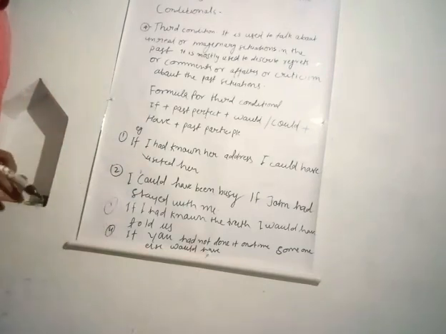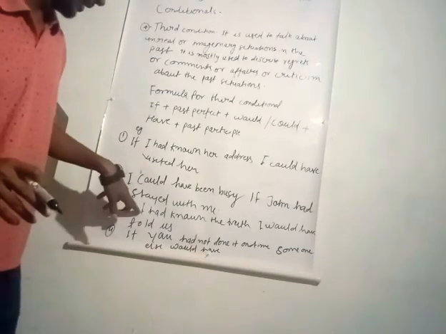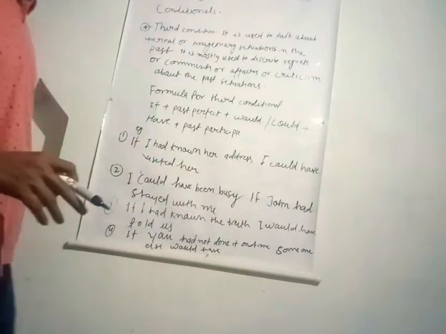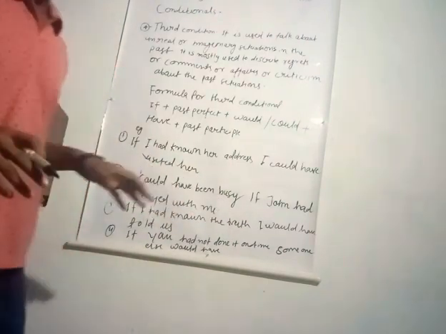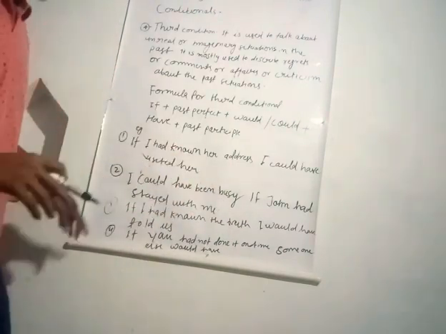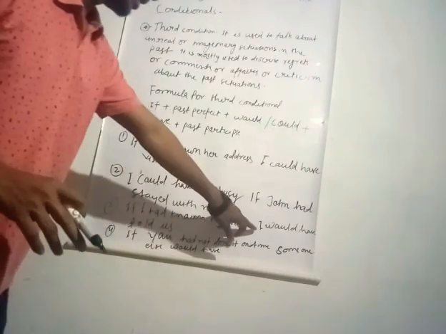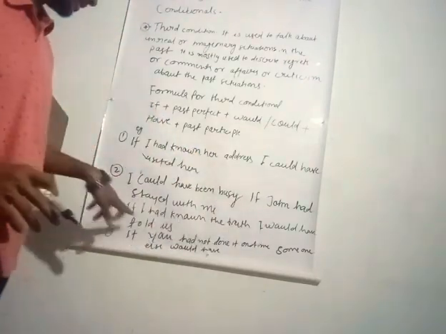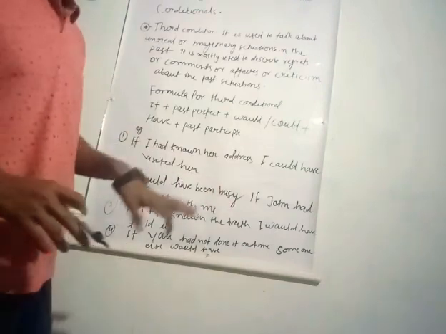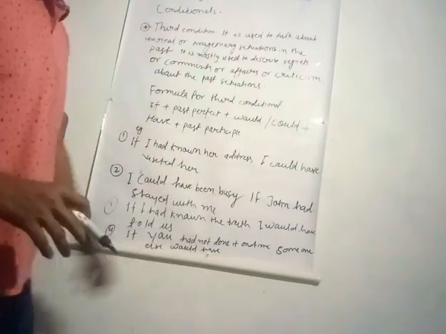Third one is, if I had known the truth, I would have told us. And we can also write this in another manner: I would have told us if I had known the truth.